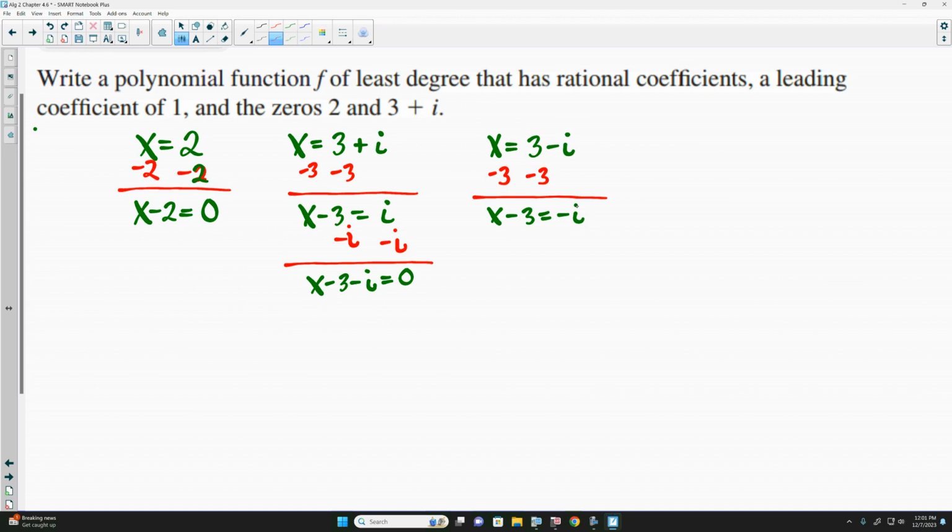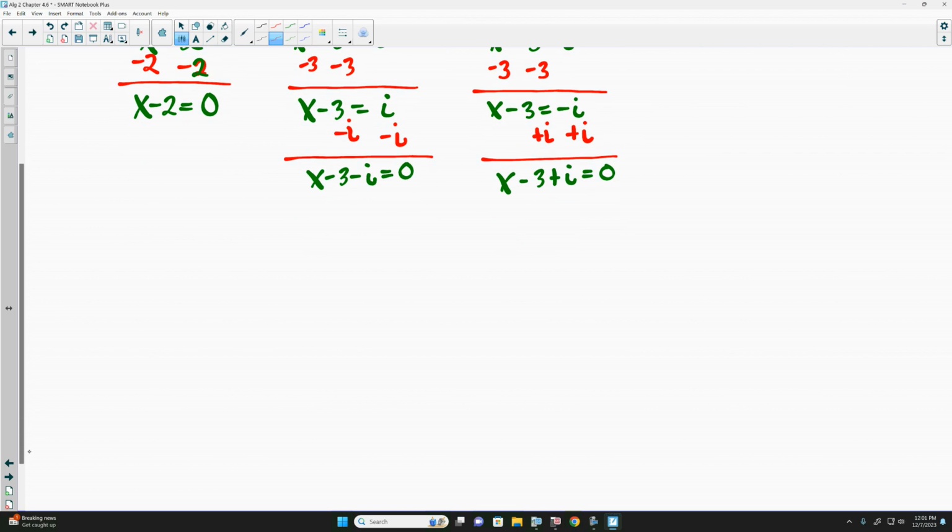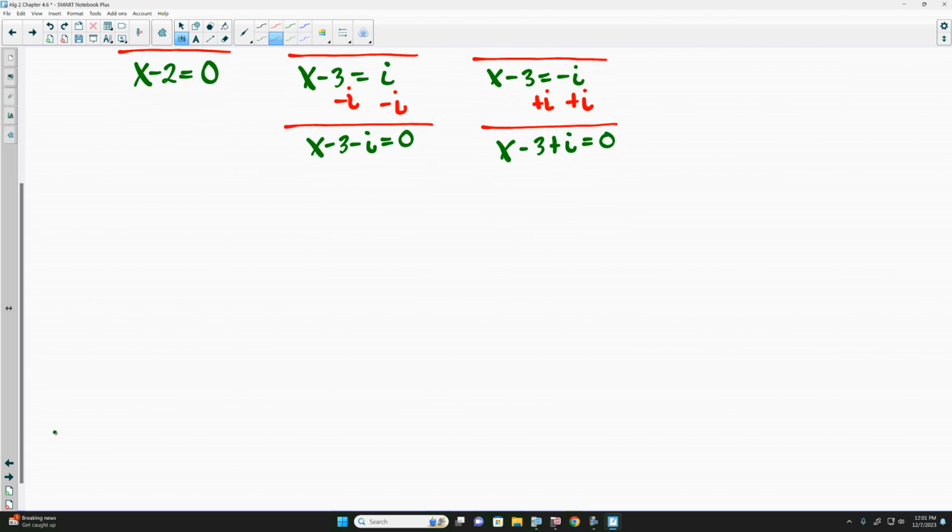So instead of subtracting i for this one here, we will add i, telling us x minus 3 plus i is equal to 0. Questions on this here before we move on to multiplying?